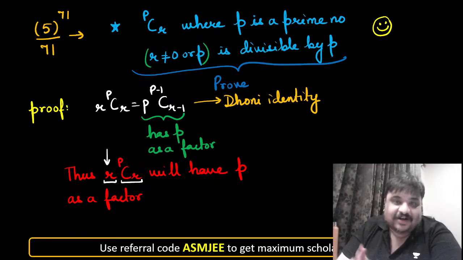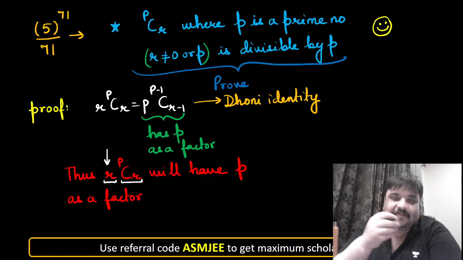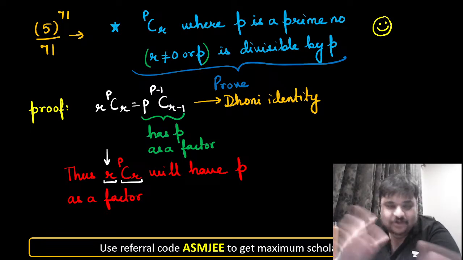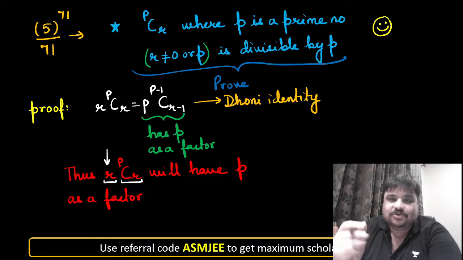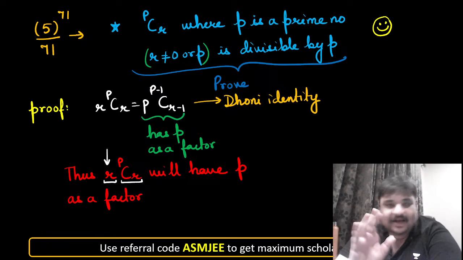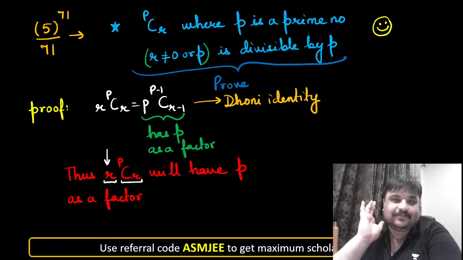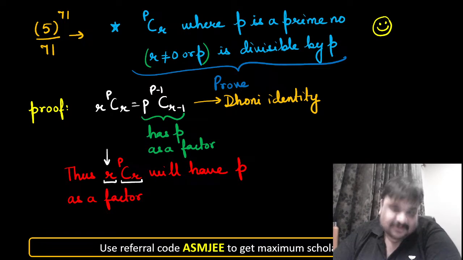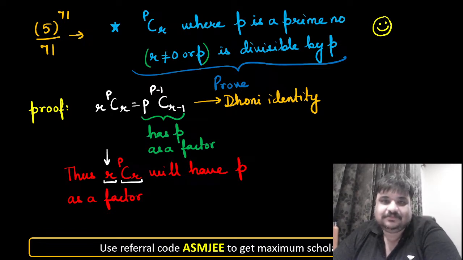R cannot even contribute some part of P. Because P is a prime number, it doesn't break into two factors already. So R can never give P or even some factor of P. R will totally be co-prime with P. R is smaller than P and P is a prime number, so R will not have any factor common also.